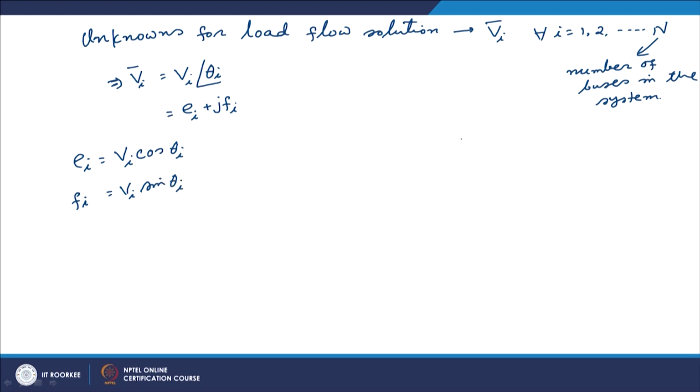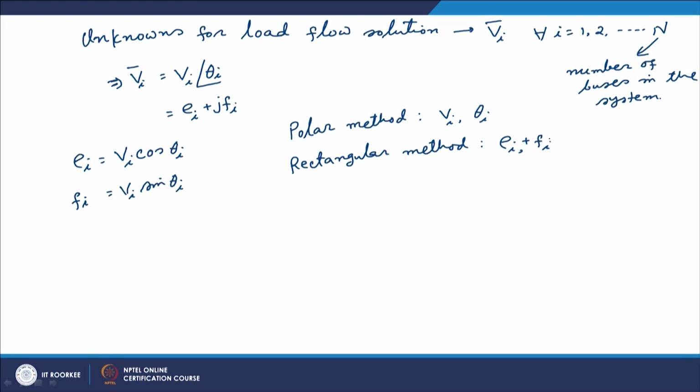So, now in the case of polar method, our unknowns are V I and theta I, that is basically the magnitude and the angle. And in the rectangular method, our unknowns are E I and F I. So, this is the only difference.